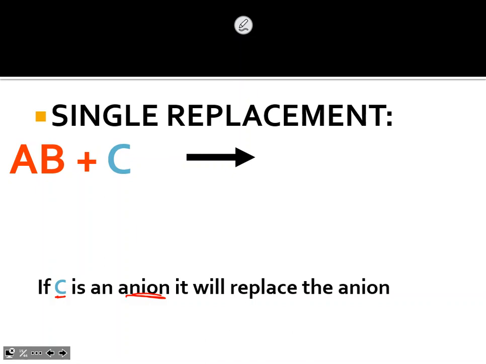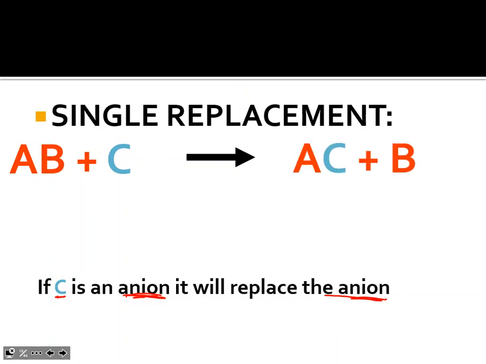Nobody remembers what an anion is? It's like negative, positive. It is a negative something. It's a negative ion. Very good. Negatively charged ion. So, it's going to replace the anion in the compound. So, this goes in the first row.